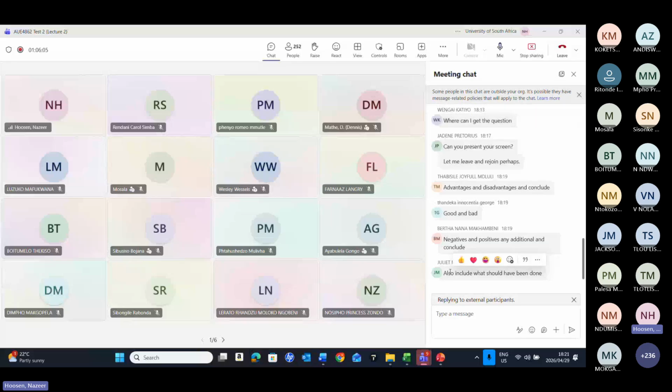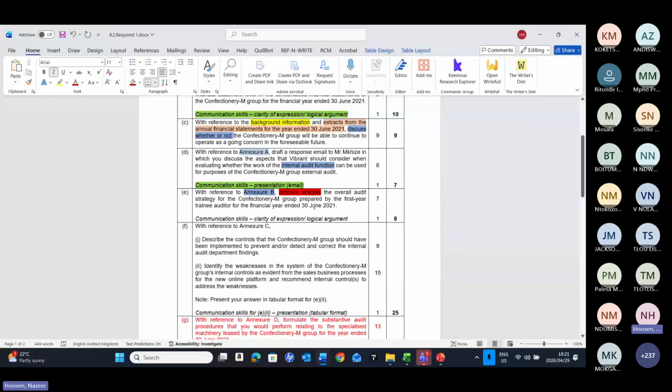So in instances and in a year, and it comes across in this part, ironically, interesting enough. So that was a brilliant observation as well. Critically analyze the overall audit strategy for the confectionery M group prepared by the first year trainee auditor for the financial year ended.